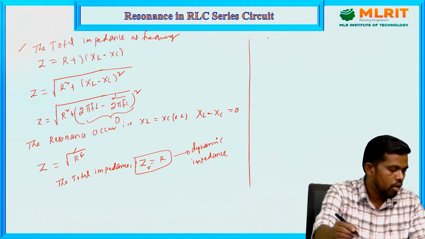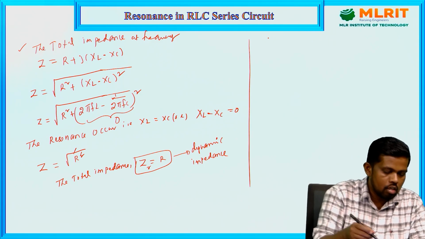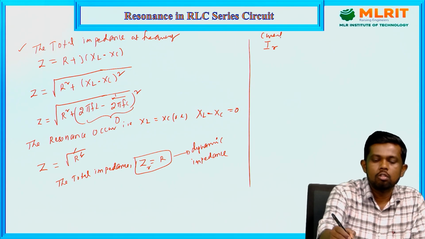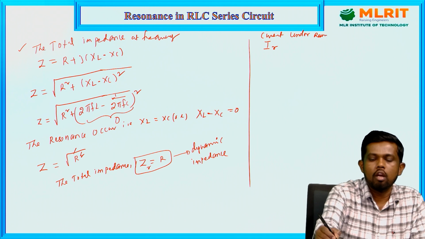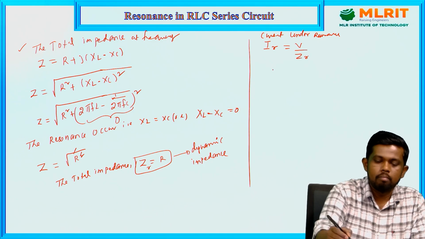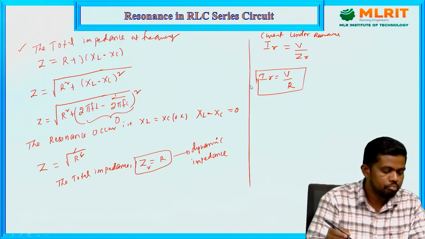The current under resonance is IR equal to V by ZR, that is IR equal to V by R. This much current is taken by the network under the resonance condition.